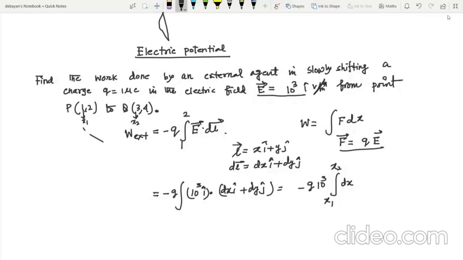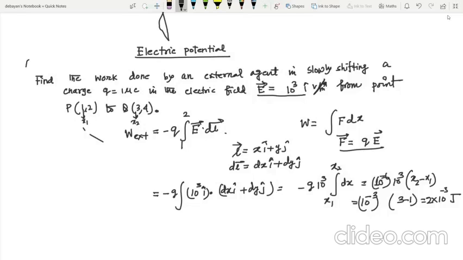The value of q is 1 microcoulomb, which is 10^-6, and 10^3, and if we integrate it, it will give x2 minus x1. If you put the values, this is 10^-3 times (3 minus 1), so you can say that is 2 times 10^-3 joule, by which you can find the external work done.